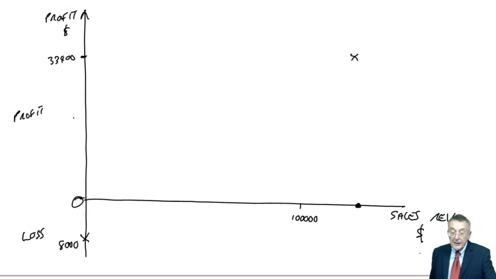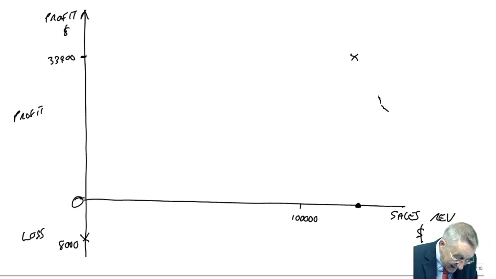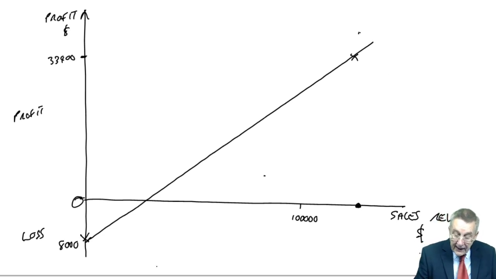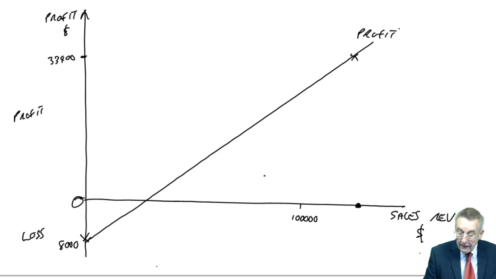So I say I'm not being precise, obviously, but I hope it's clear what I'm doing. But it's going to be linear as always. And so there would be our profit line.